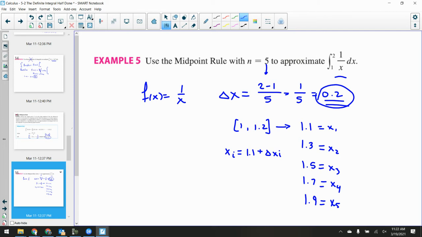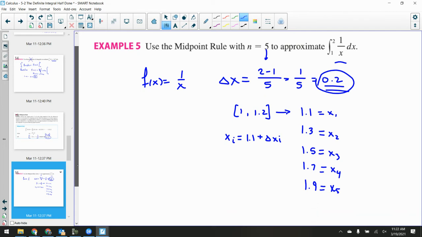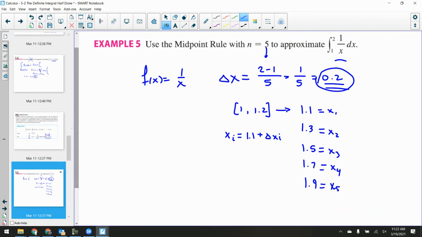Okay. Now, that means that the sum is going to be 0.2 times, right, the delta x times the y values of all of those little strips. So it's going to take f of 1.1 plus f of 1.3 plus f of, and I'm going to run out of room again.